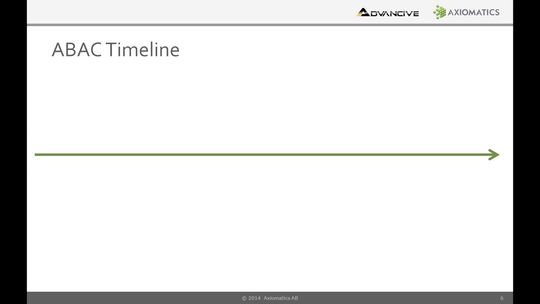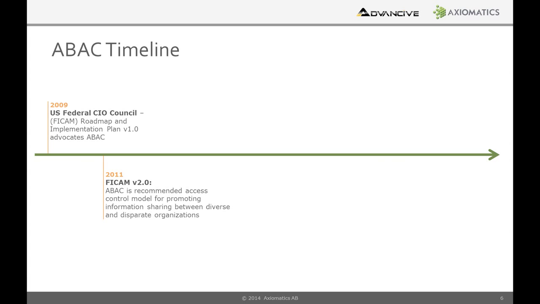So let's have a look at ABAC and the ABAC timeline. If we go back 5 years or so, the U.S. Federal CIO Council, or FICAM, published a roadmap and an implementation plan that advocates ABAC to establish fine-grained authorization and good best practices access control. 2 years later, in 2011, a new version of FICAM came up, FICAM version 2.0, and in that particular roadmap, ABAC is recommended as the access control model for promoting information sharing between diverse and disparate organizations.